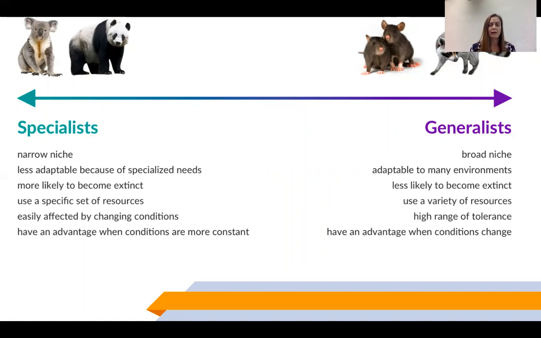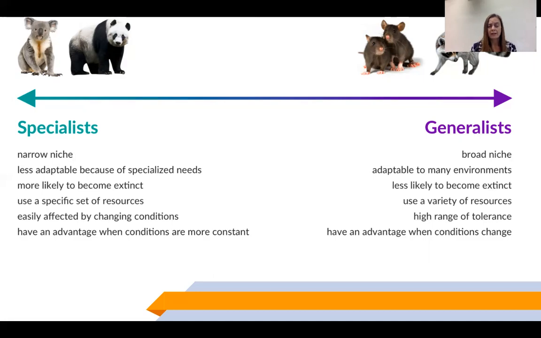Specialists are at an advantage when conditions are constant, because their adaptations, their evolution has equipped them to use the resources that are available to them as efficiently as possible. So if we look at the koala, it eats eucalyptus. The koala eats so much eucalyptus that it doesn't need to drink water. And that is an advantage in the environment in which it lives, because the Australian outback is a very dry location.